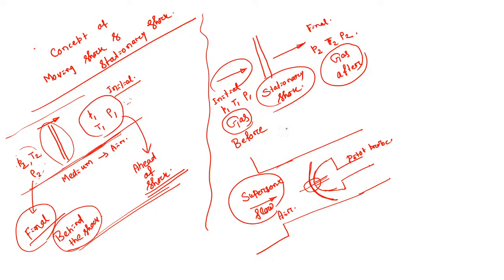The initial condition of the gas, if you say it's a standing shock, was P1, T1 and rho 1, and the condition after the shock becomes P2, T2 and rho 2.